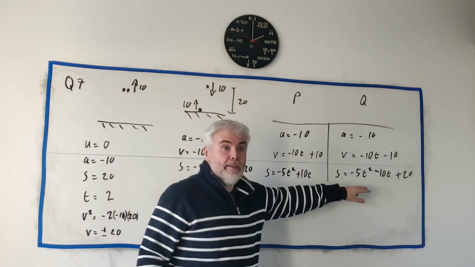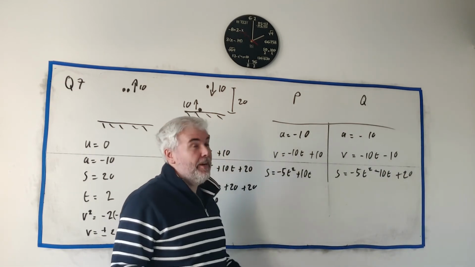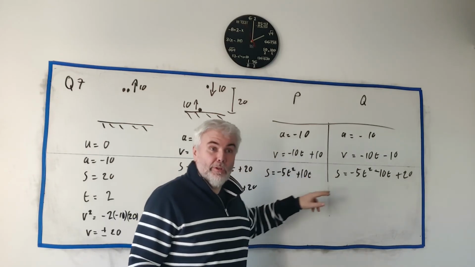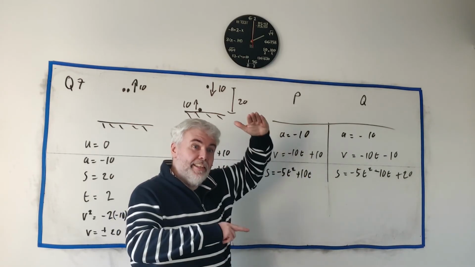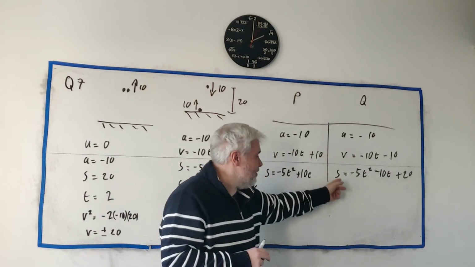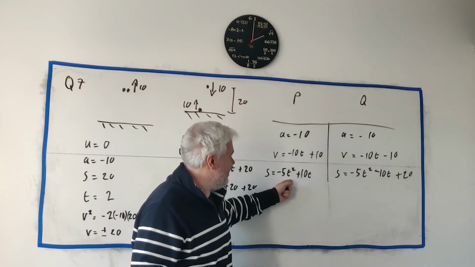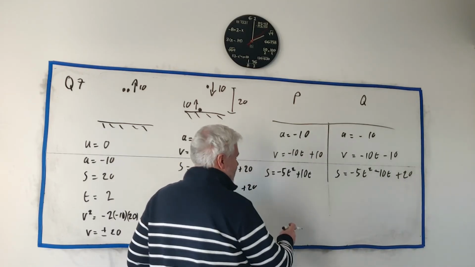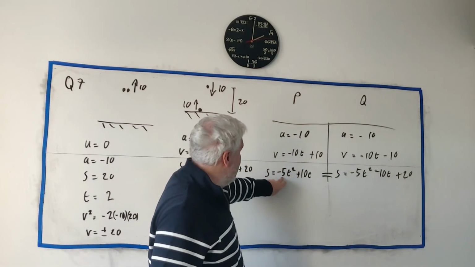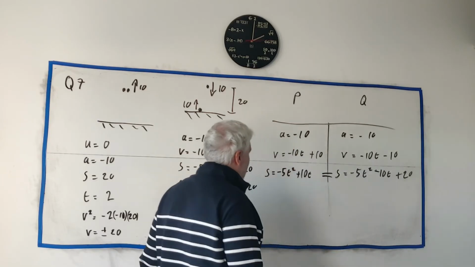To find out when they meet each other, we can just put their displacements equal. They're not at the same place, not at the same place. When they hit, they're at the same place. Their S's will equal each other. So let's put a big equals in the middle here. Minus 5t squared on both of them.